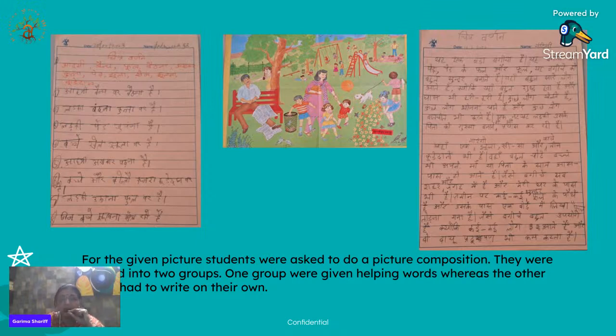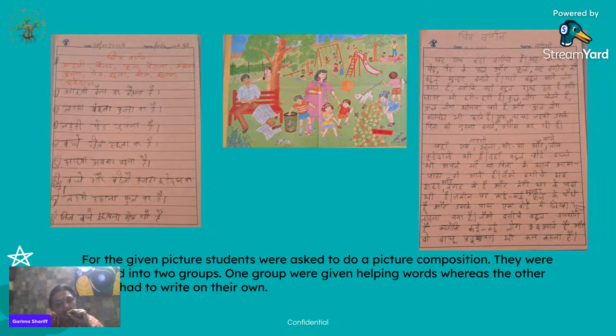The other child, being at the final level of evaluating on Bloom's taxonomy, was very confident of writing the whole story. They saw the picture, but they created a story around it. This is the way, because it's totally a new language. We start from grade 2, and this is the work of grade 5 students.